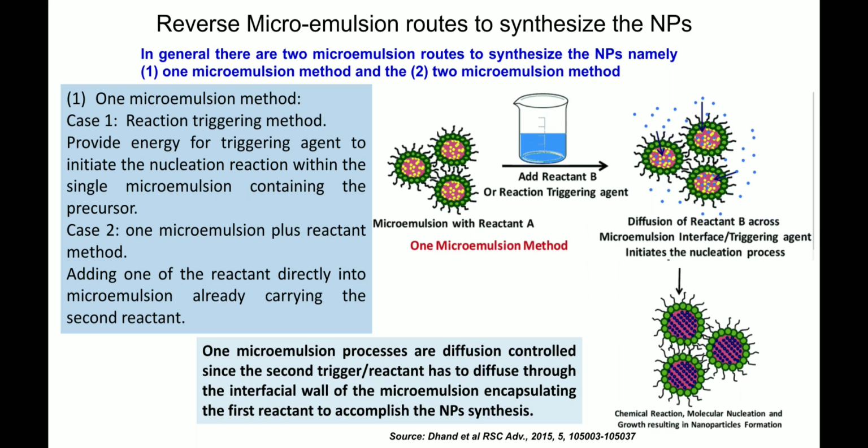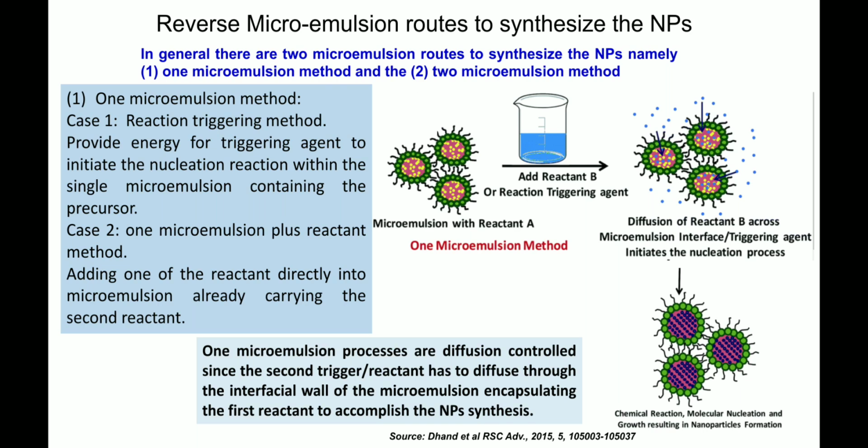The first thing that happens is a diffusion of reactant B across the microemulsion interface. So reactant B will diffuse inside the nanoreactor through the interface of the microemulsion. Once it diffuses, the next step is it reacts with the reactant A.